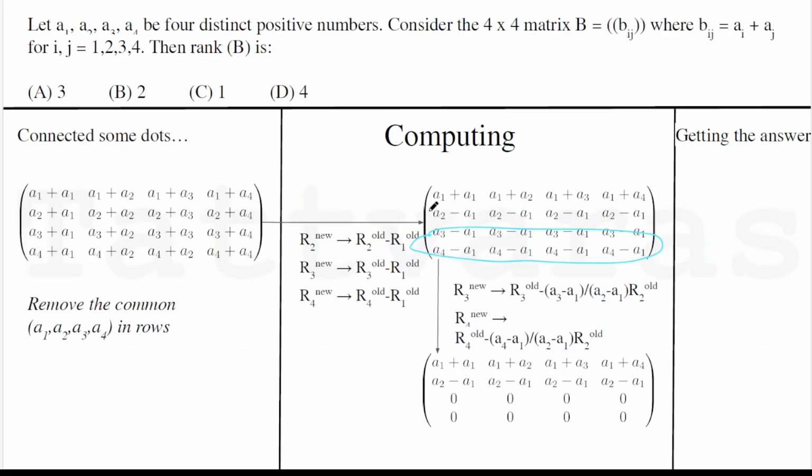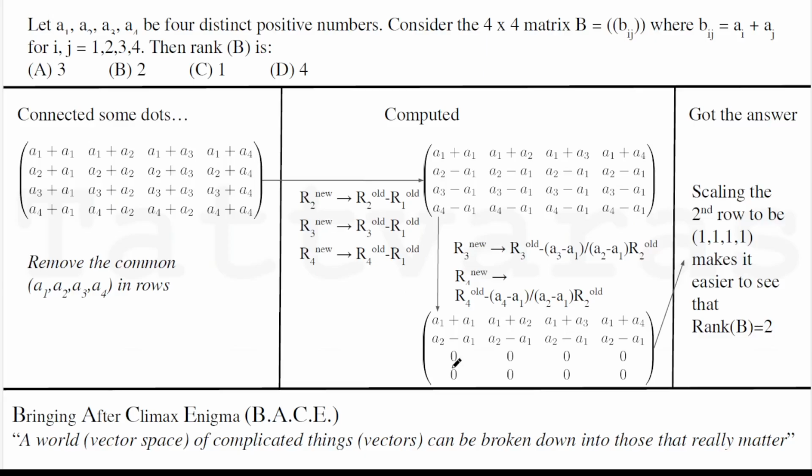Because in your mind, you should visualize this entire thing as a structure of ones that are multiplied with A2 minus A1, then A3 minus A1, and A4 minus A1. And once you have this, that's it.